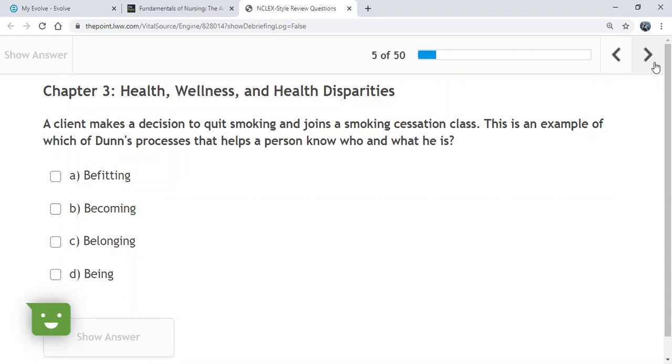What does everybody else think? I think becoming too. It's befitting. You sounded confident. I think it's befitting. Yes. Befitting.